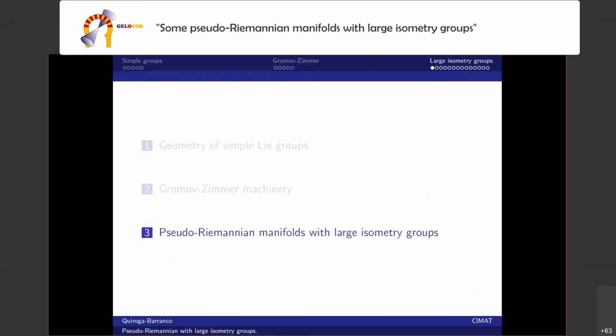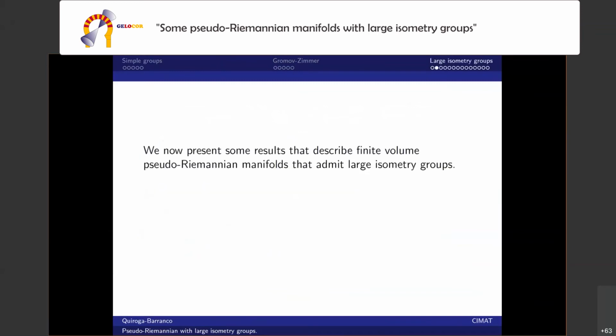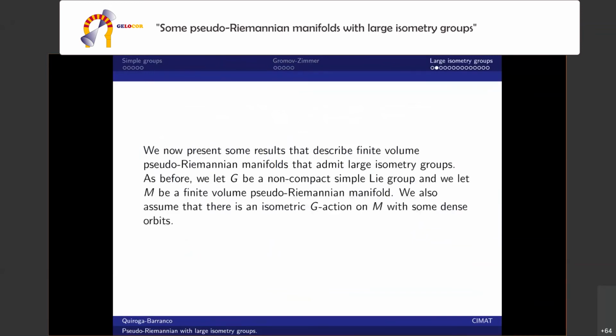So I'm going to present some results that provide structure properties for these pseudo-Riemannian manifolds. The behavior is going to be very rigid. As before, just to remind you, G is a non-compact simple Lie group, M a finite volume pseudo-Riemannian manifold, and we have an isometric G action on M with some dense orbits.